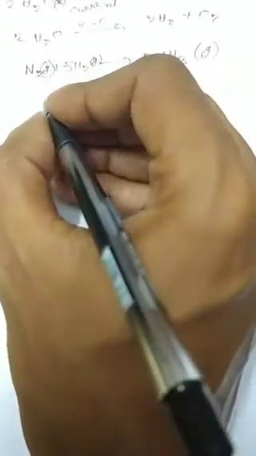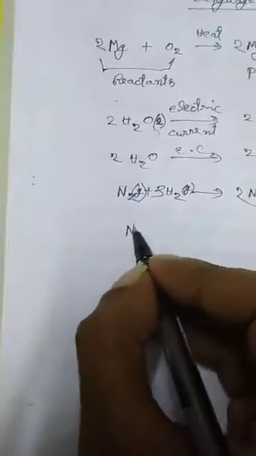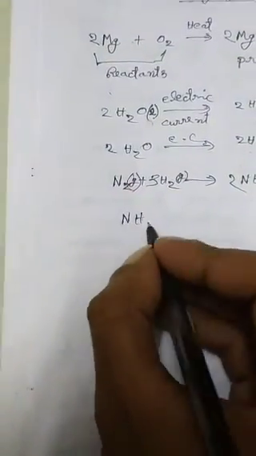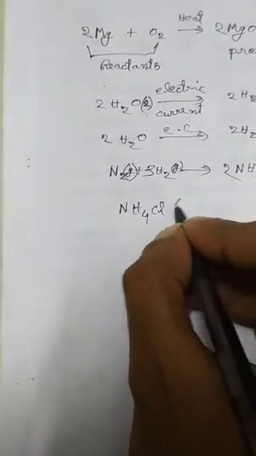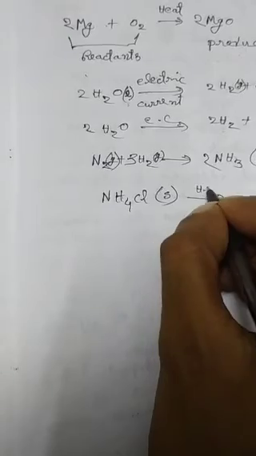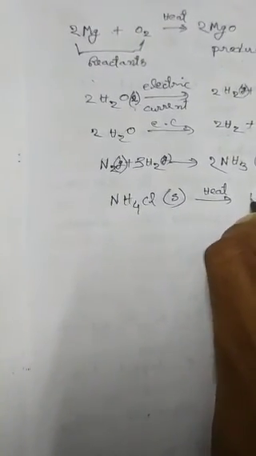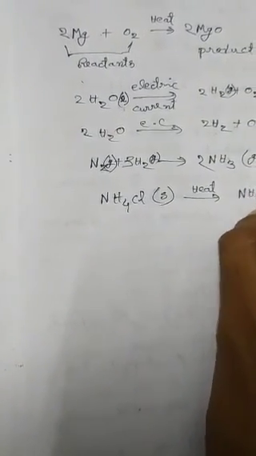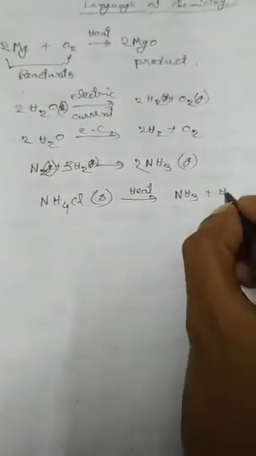Now evolution of gas, as when ammonium chloride is heated. If we take some amount of ammonium chloride, you know that ammonium chloride is a solid. When we heat it, we give heat to ammonium chloride, then it forms ammonia plus HCl.